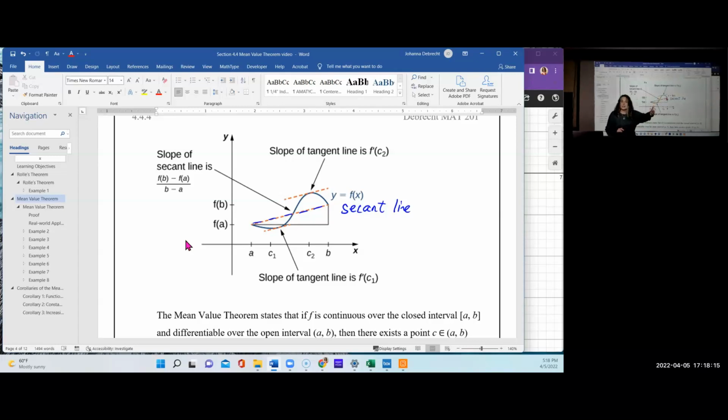In other words, they're tilted the same. Whatever the slope of the tangent line is, it's the same as the slope of the secant line. That's all the mean value theorem tells us.